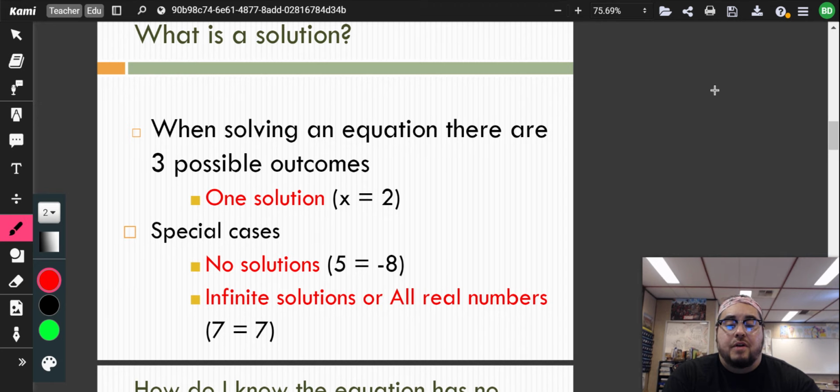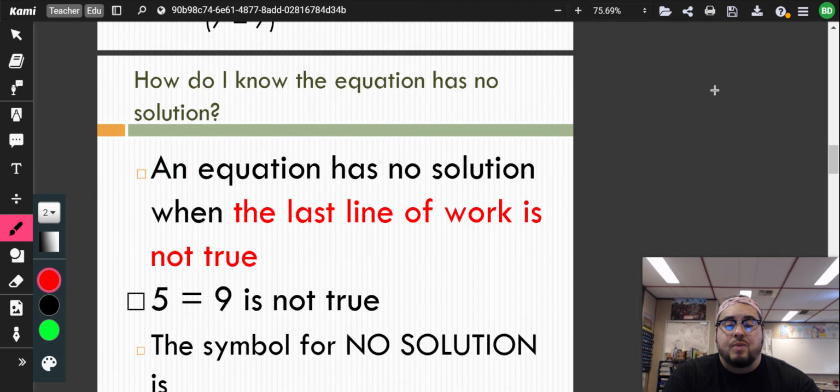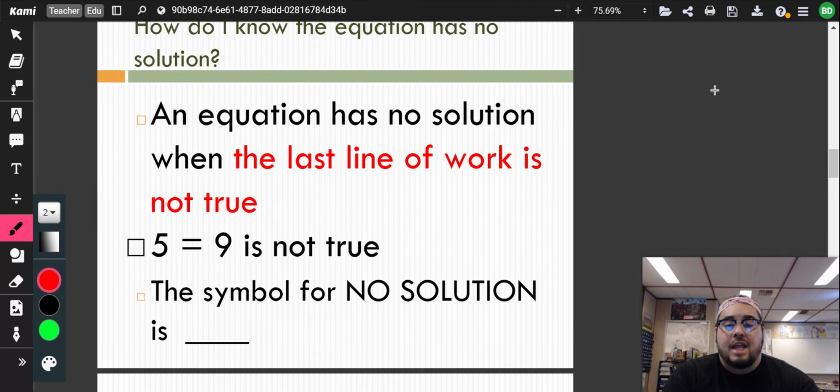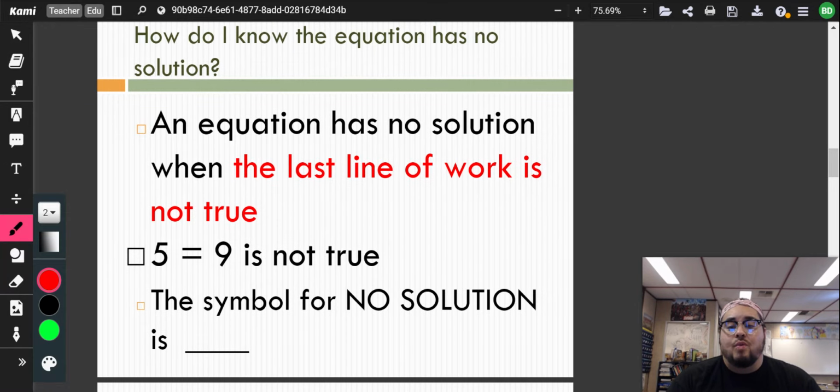So our first special case is when we have no solution. And again, that is when the last line of work is not true or doesn't make sense. So for example, if I'm solving for x and I get 5 equals 9 at the end, we know that's not true. So this has no solution.